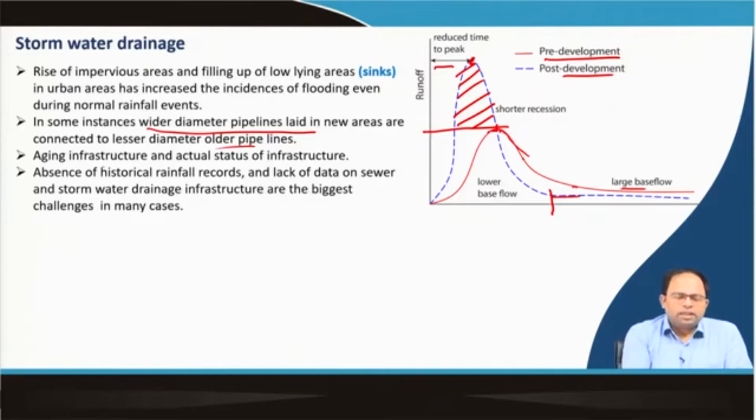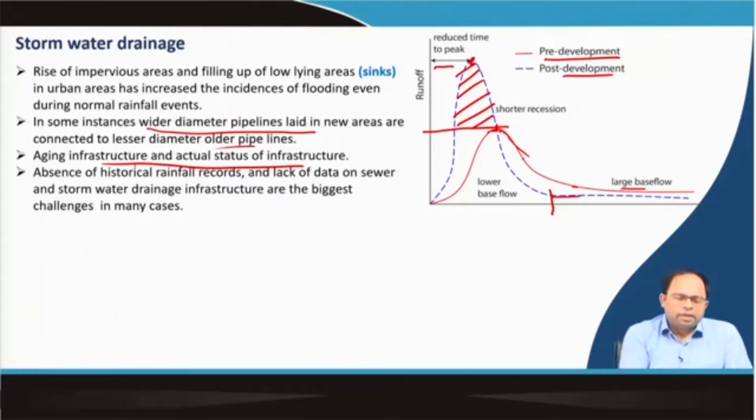So, this is one. Then aging infrastructure and the actual status of infrastructure is also not known. In most urban areas you will find many of those stormwater drainage channels are blocked, and we do not have any information on those things. And in some areas there may be collapse of those drains. So, that is preventing water from passing at the rate it is supposed to. That also reduces the quantum of flow, and that also leads to flooding.